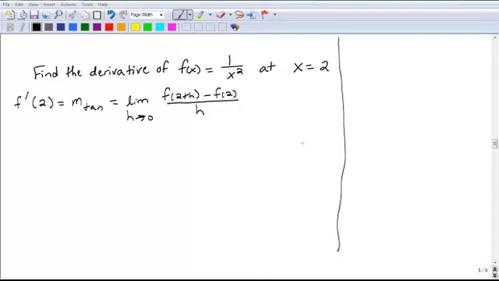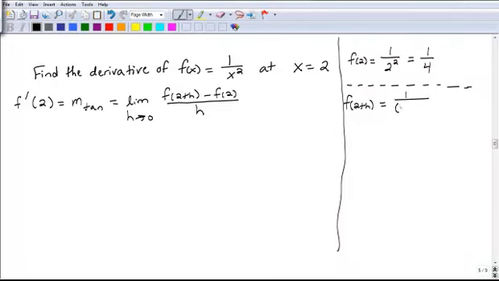So, first we'll calculate f of 2. F of 2 is what I get when I plug in 2 for x, which is 1/4. Now I'm also going to need to plug in 2 plus h in place of x, and this becomes 1 over 2 plus h squared.